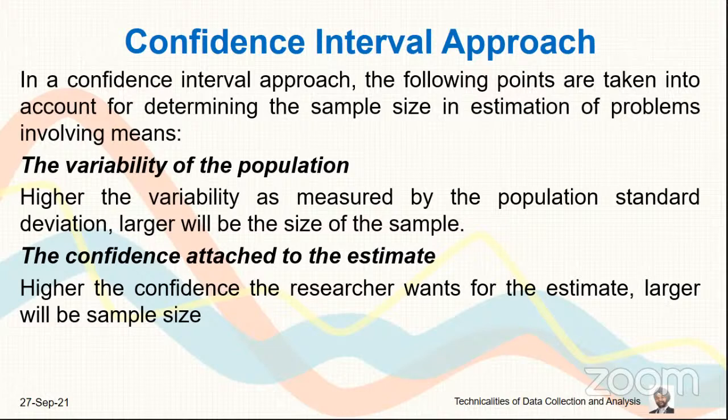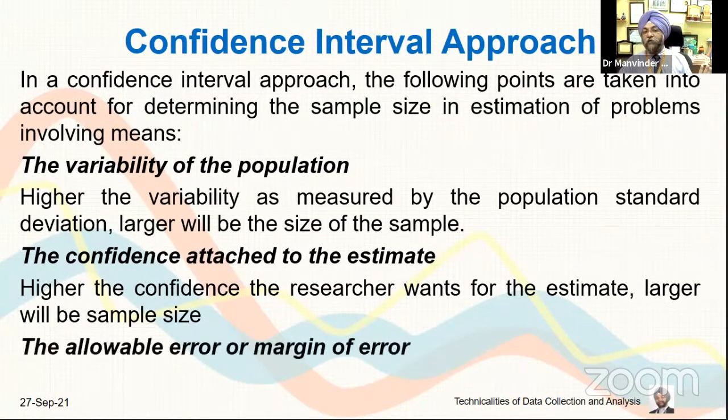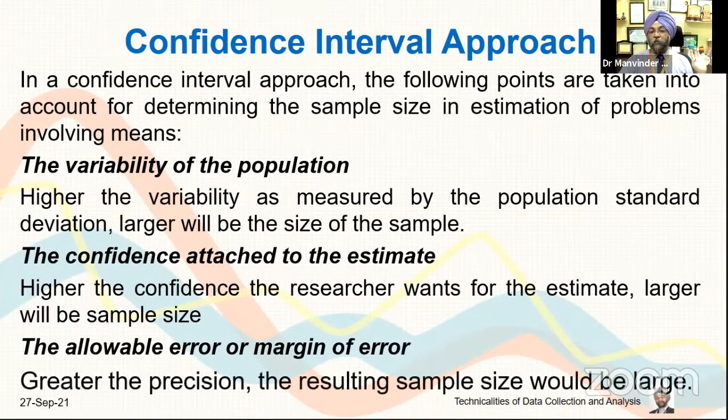So the higher the confidence, the more the sample size, right? Next is your allowable error or margin of error. Greater precision will result in a higher sample size. Now we want our results to be very, very accurate.